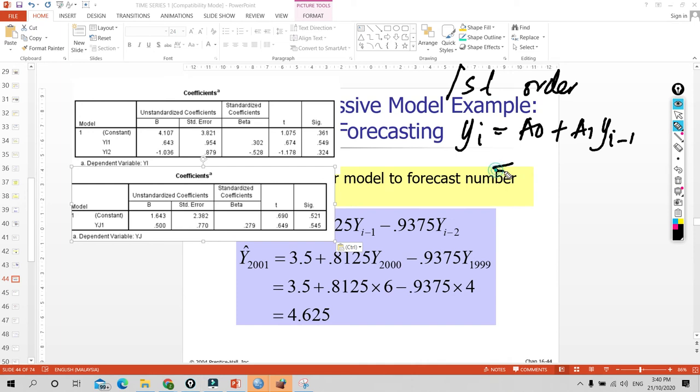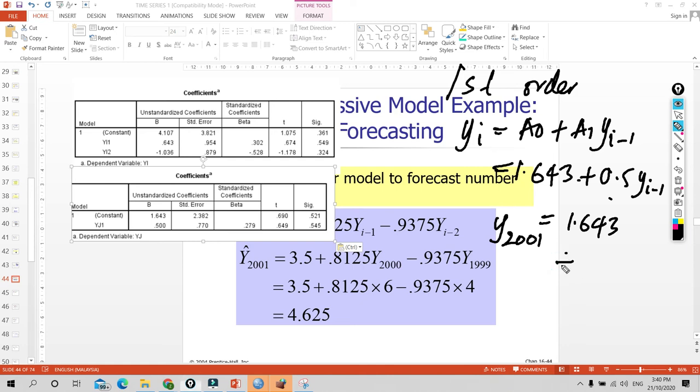So this is equal to a naught, which is 1.643, plus 0.5 yi minus 1. So let's say I want to estimate for 2001.